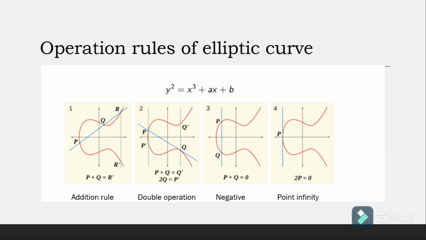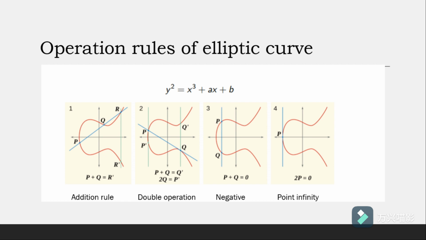When two points overlap, the tangent line of the elliptic curve at point P, and the intersection point symmetric about the x-axis, are defined as P plus P, which is 2P.